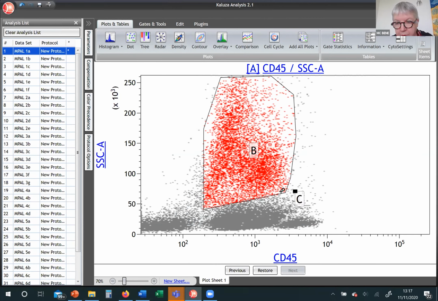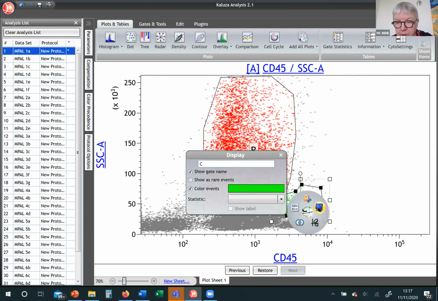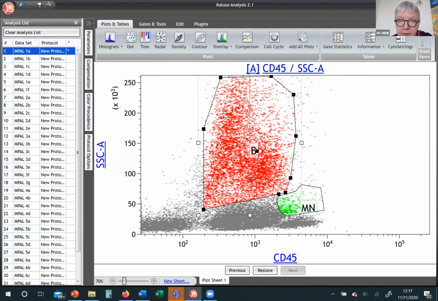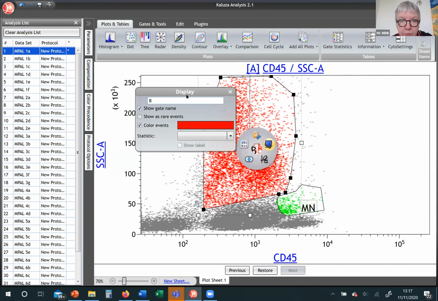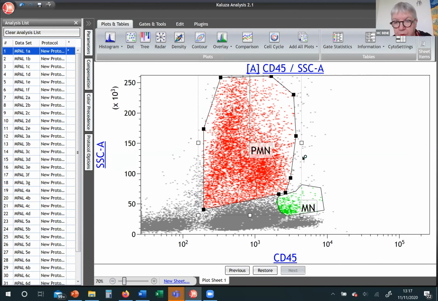Something like that, not very important here. And that is monocytes. Here we do the PMNs. And now we have to do the lymphocytes.